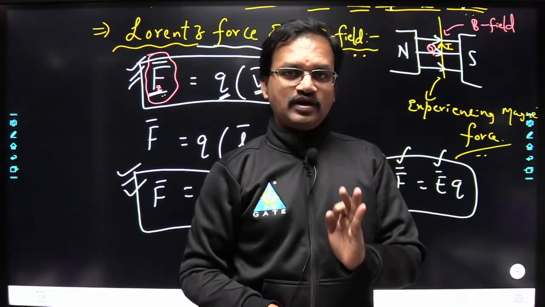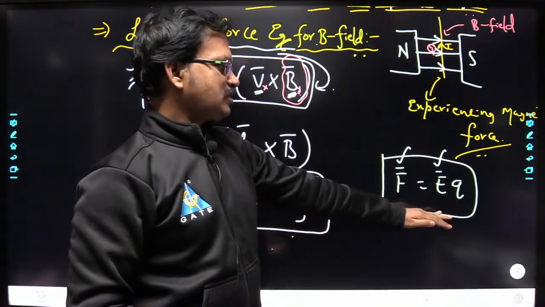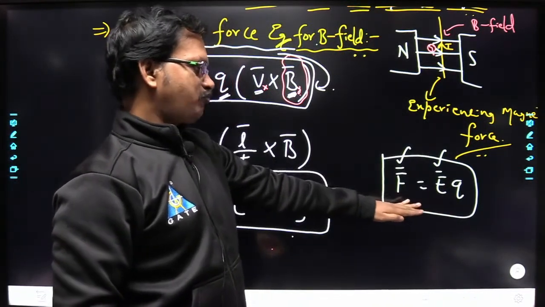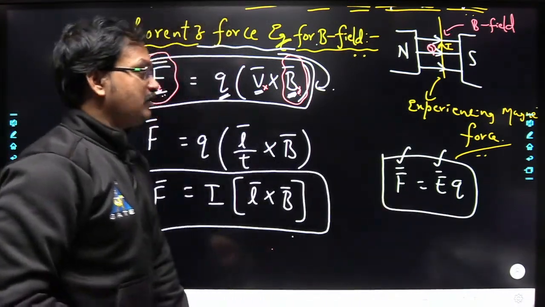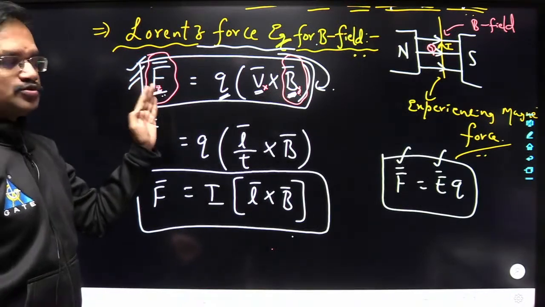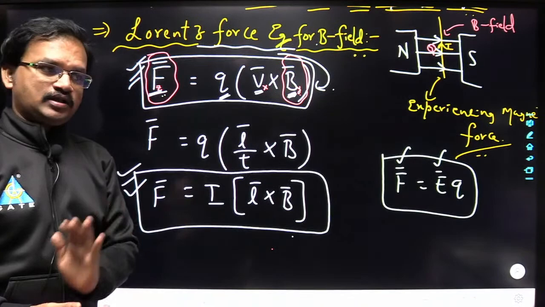Yes or no? This is very, very important. Whereas in electrostatics, the direction of the field and the direction of the force are in the same direction. When coming to magnetostatics, the direction of the field and the direction of the force are perpendicular to one another, right?